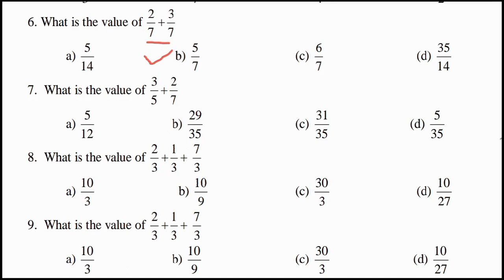Question number 7 is, what is the value of 3 upon 5 plus 2 upon 7? Here denominators are different, so we need to take the LCM of these. 5 sevens are 35. So LCM is 35. Now we do this cross multiplication. 7 threes are 21 plus 5 twos are 10.